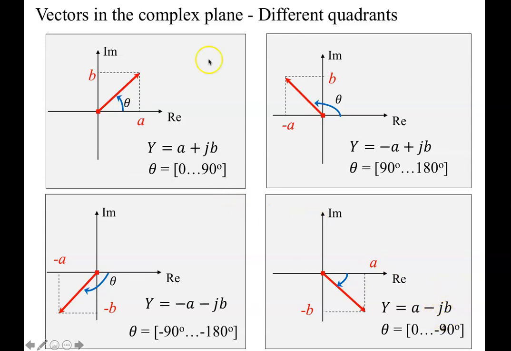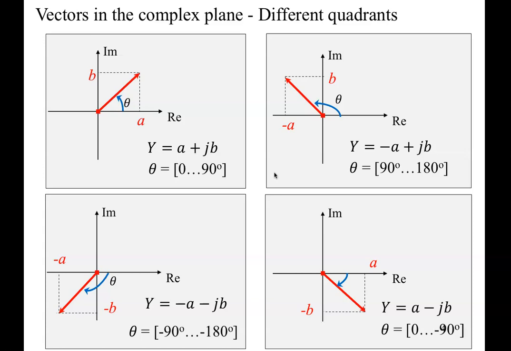So it's all clear. The reason I want to show this is that sometimes people rely on calculators. It's fine when you do some conversions, for example, from polar form to rectangular form. But when you work the other way around, it can be a bit tricky.